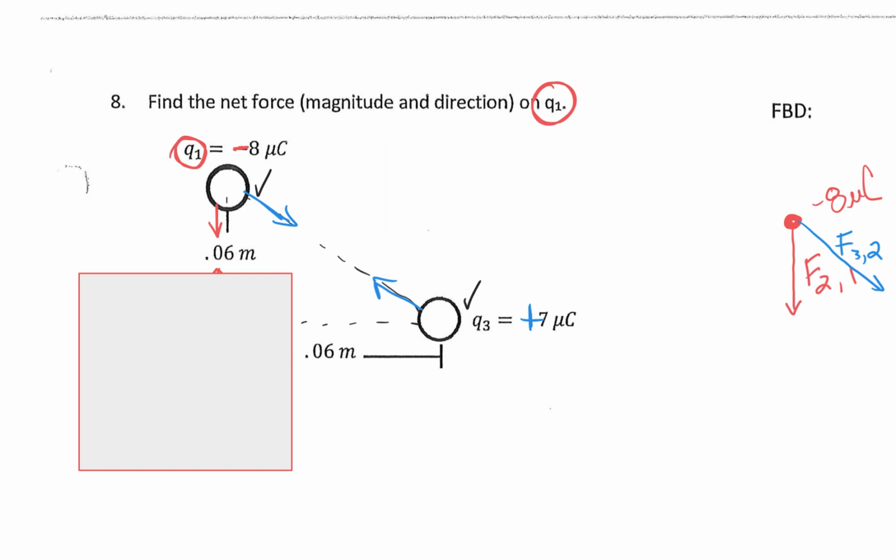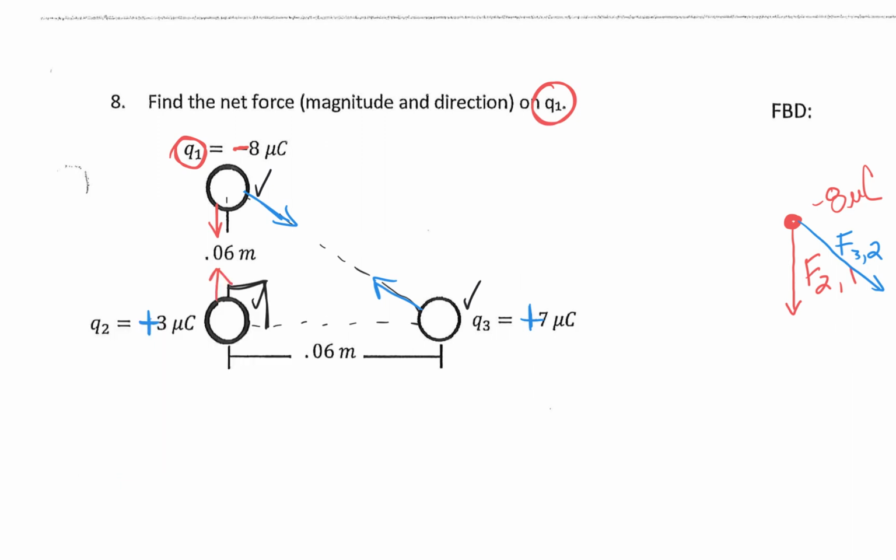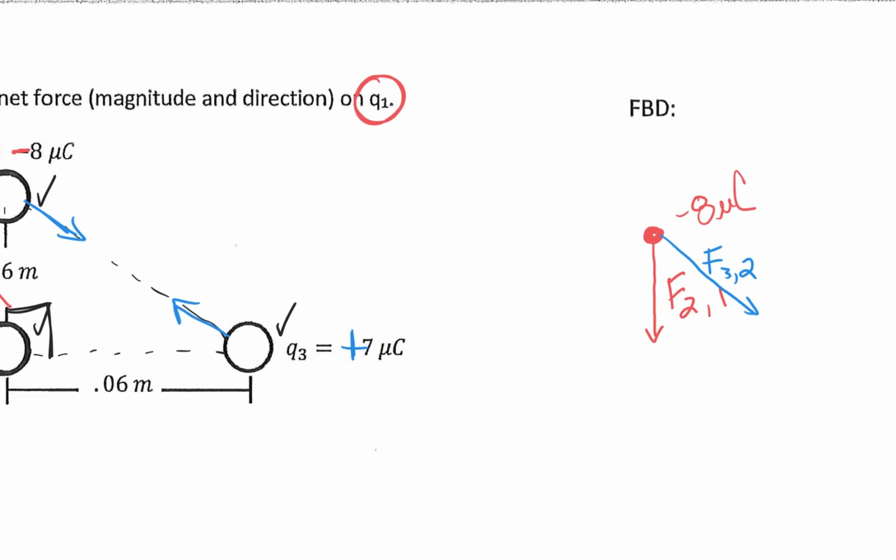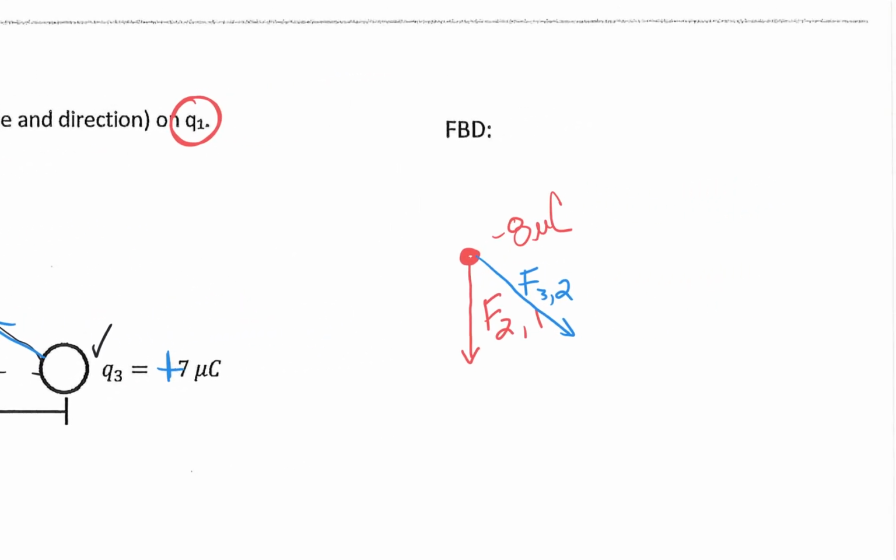Let's clean up this box that I drew earlier. Let's see how we do that. We'll highlight this box. There we go. Delete it. Okay, so let's examine what's going on here. We've got a red force that's F21. So how would we set that up? That would be force 2 on 1 equals k Q2 times Q1 over the distance of separation squared.